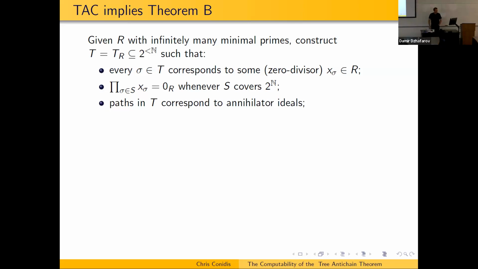Paths in the tree correspond to annihilator ideals in the ring. That basically comes from the previous bullet point, where if you cover, then the product is equal to 0.